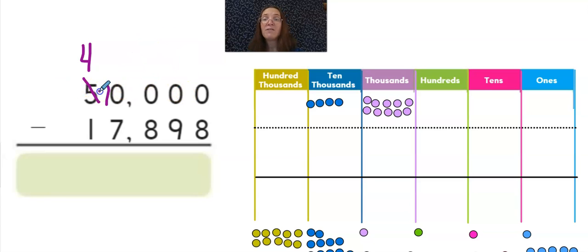So I'm going to take away one of my single thousands, leaving me with 9, and here's what that will look like. And I'm going to trade in that single thousand for 10 hundreds, like this. And there they are. But I've got to record this over here. I'm going to do some squeezing and record those 10 hundreds right there.